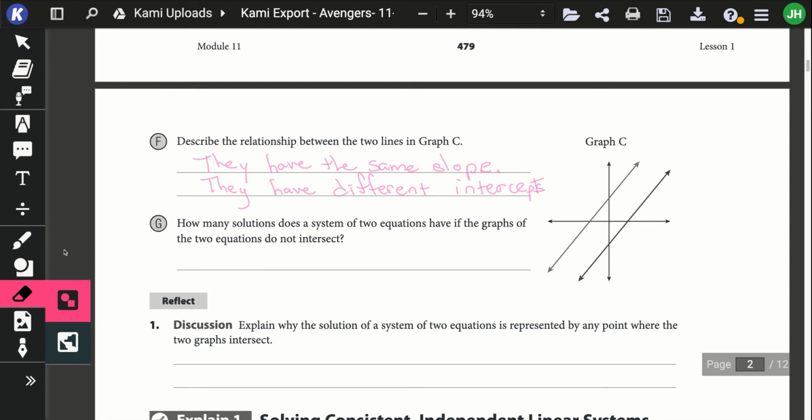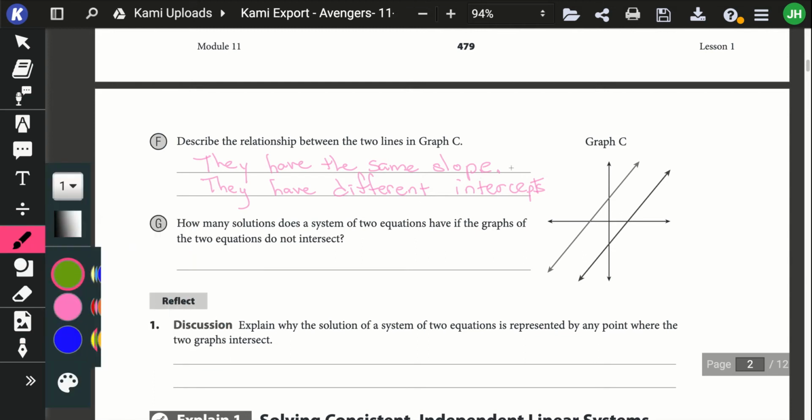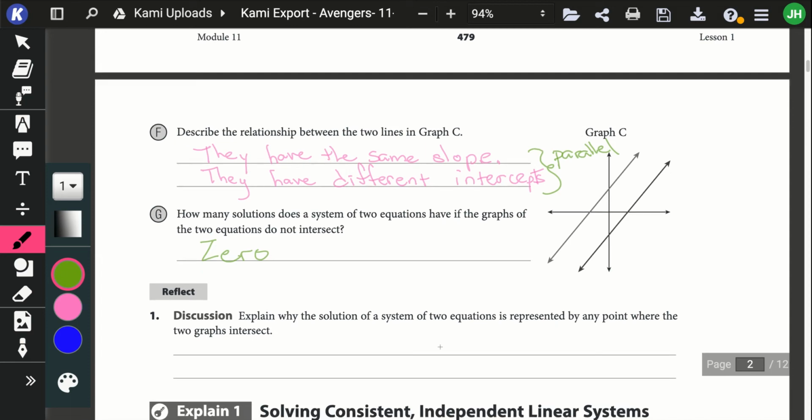And by definition, two lines that have the same slope and different intercepts are called parallel. How many solutions do these have? How many points are on both of these lines? Hopefully, you know that's 0, okay?